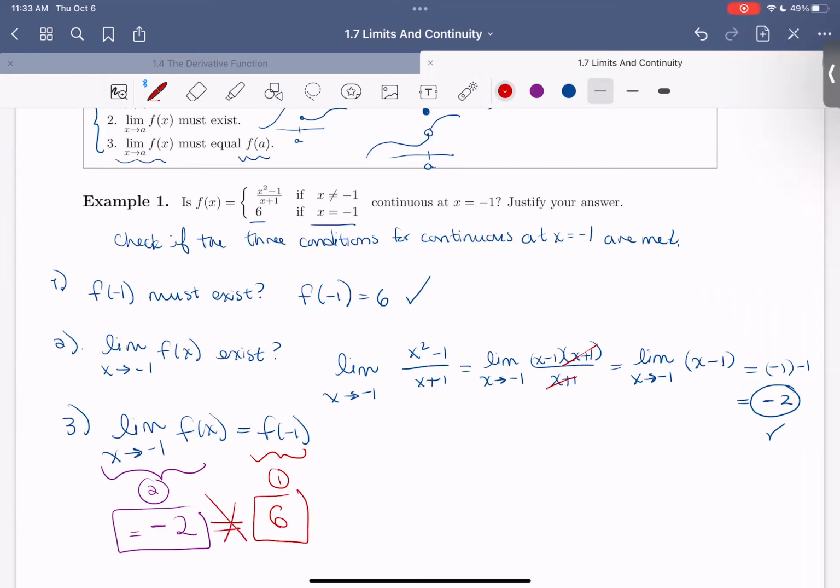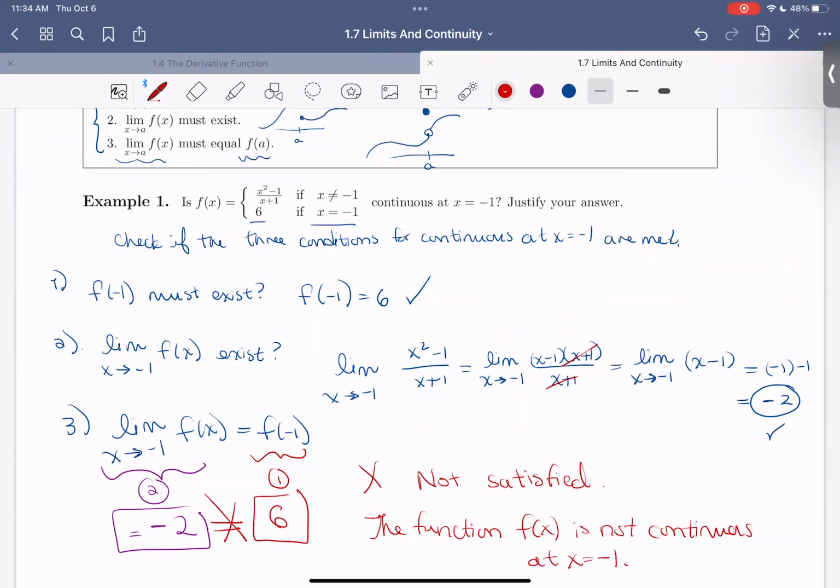So these two values are not equal, and this condition is not satisfied. So what does that mean? That means the function f of x is not continuous at x equals -1, and that's because this third condition is not satisfied.